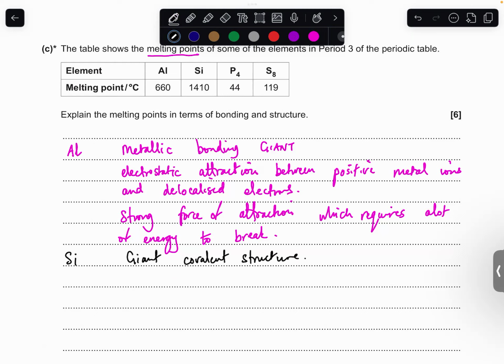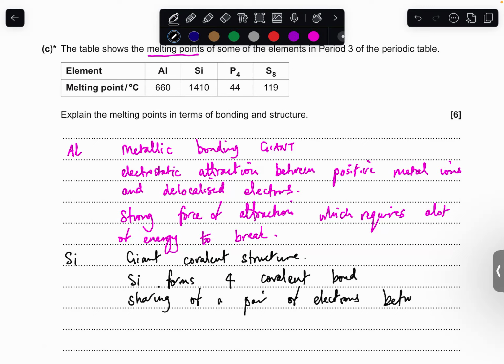Giant covalent structure. Now you see in silicon, like with diamond, silicon forms 4 covalent bonds. What are covalent bonds? Sharing of a pair of electrons between atoms.